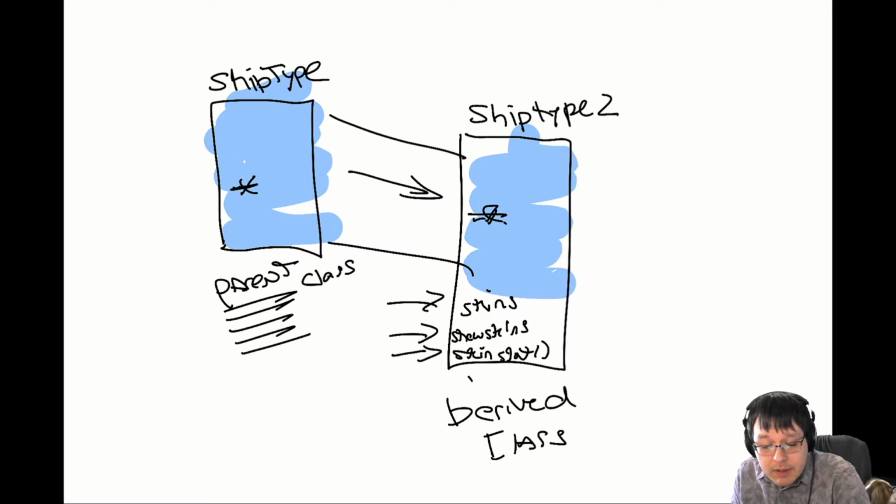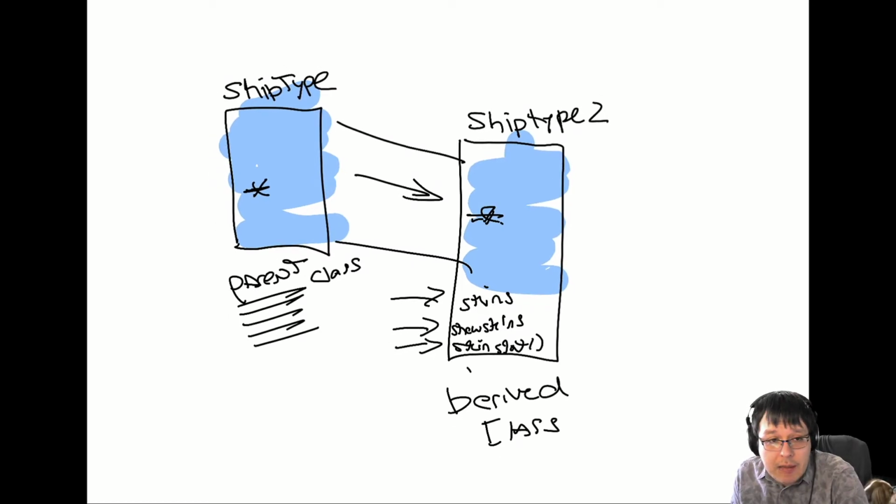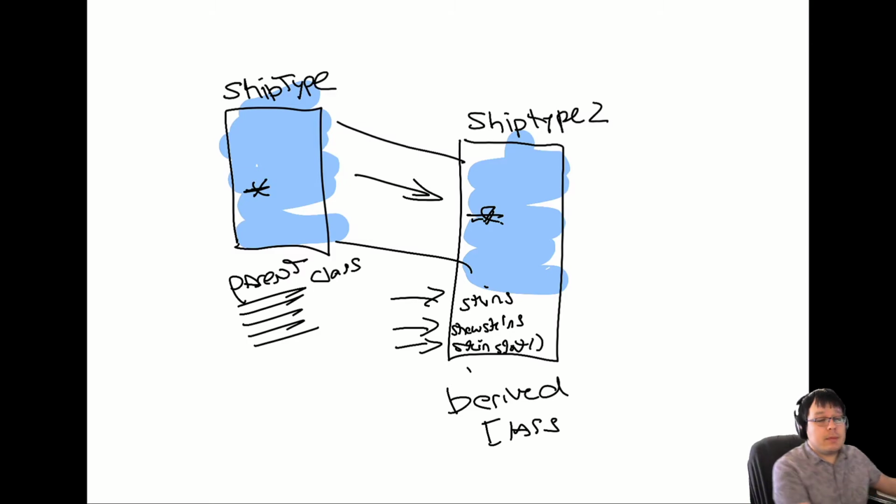But the other thing I can do to have all of the stuff from ship type 1 in my ship type 2 is make an entire new class called ship type 3, and in my class just create a variable called ship type 1 or 2.